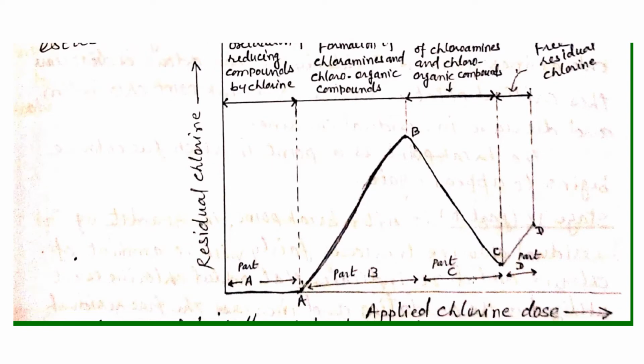So here you can see in this curve, this is the applied chlorine dose and this is the residual chlorine. In the initial stage, when we are adding chlorine and testing for residual chlorine, it will not show any amount of chlorine. Why? Where has that chlorine disappeared? The applied chlorine dose reacts with the bacteria and other compounds like chloro compounds, amines, or phenolic compounds present in water.